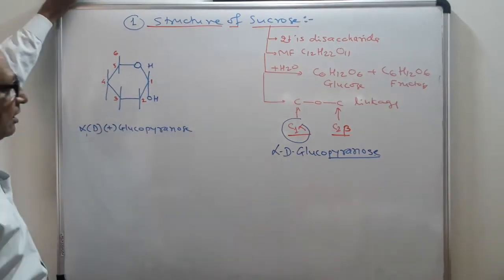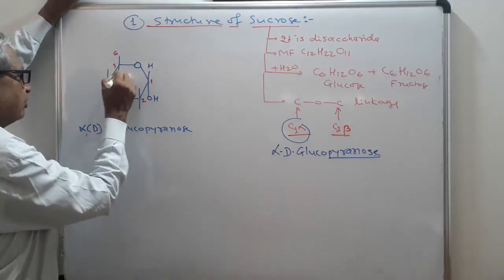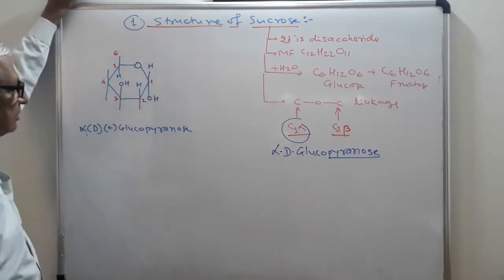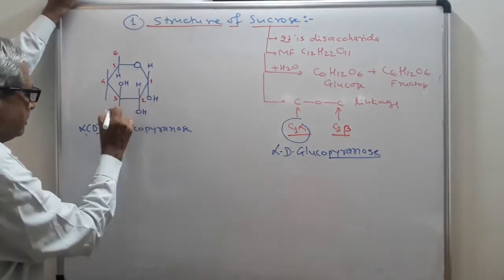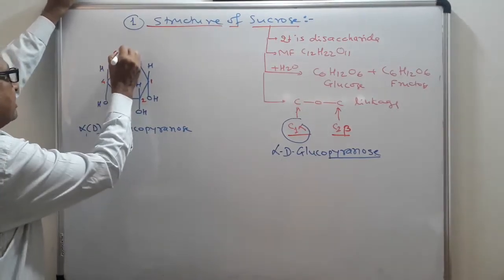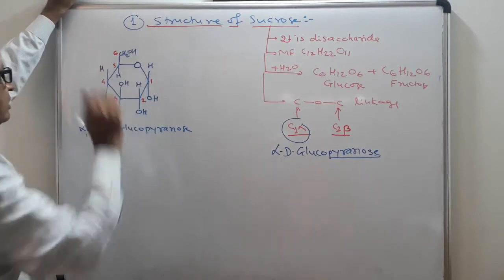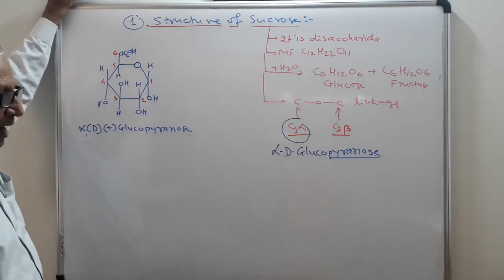Second hint, inside the ring the OH group is present at carbon number 3, therefore this will be hydrogen, this will be hydrogen. See here, as it is hydrogen, here must be OH, OH, H, OH, H. Here is carbon number 6, CH2OH. So this is the structure of alpha D glucopyranose.